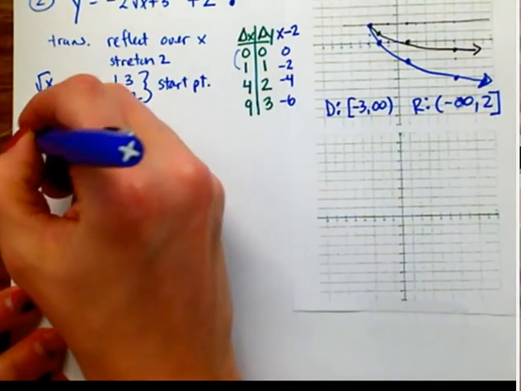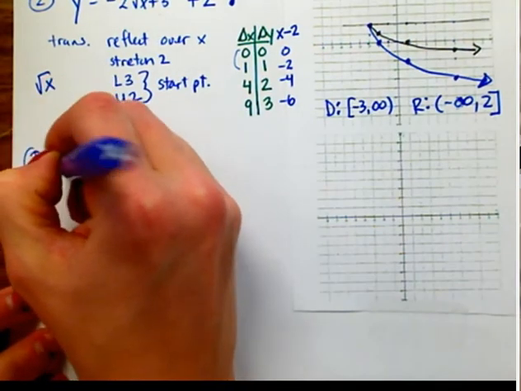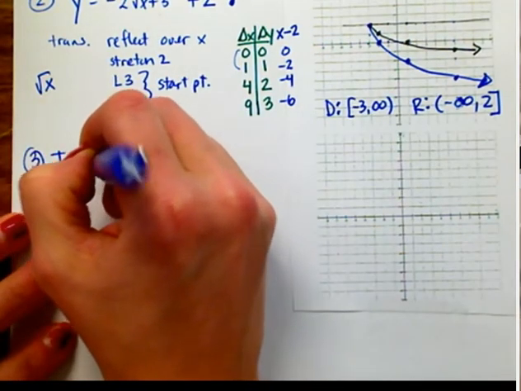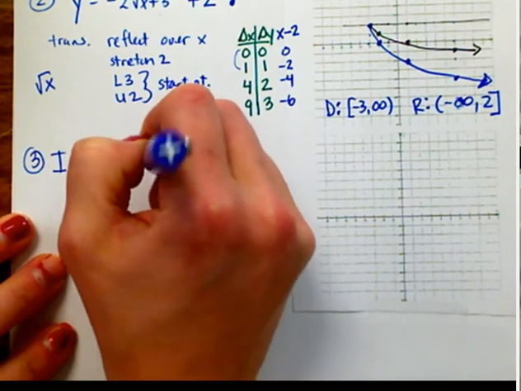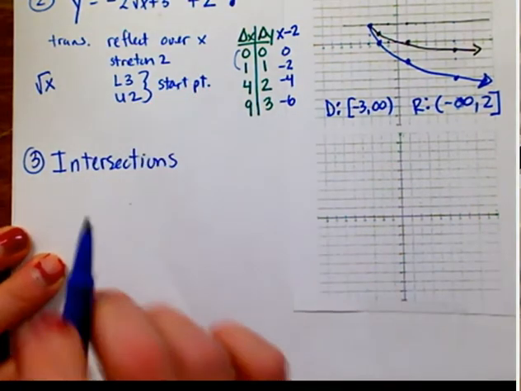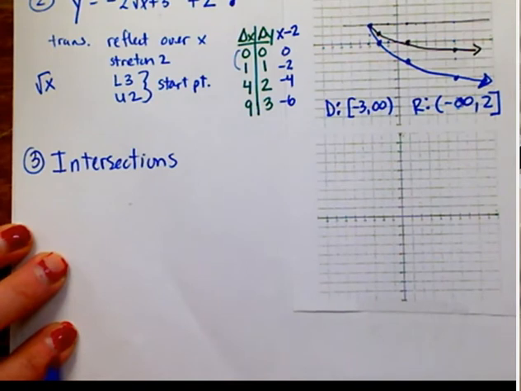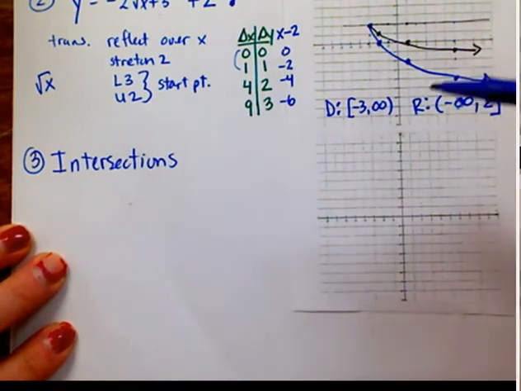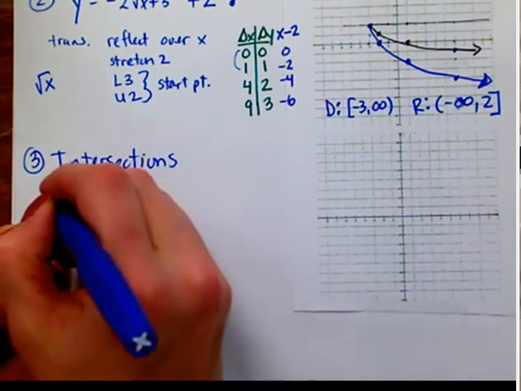Okay, let's go ahead and do a third example, but this time we're going to look at intersections. So we're going to write an equation that's going to have two sides to it. Now we've done a cube and a square root, so let's do a cube root.